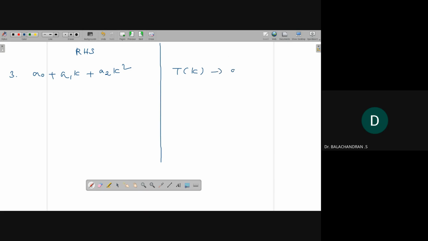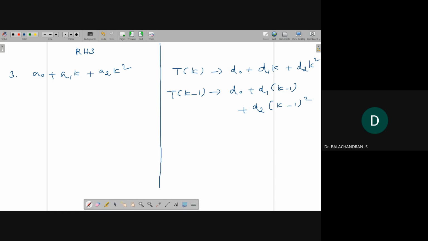I'll use other constants: d naught plus d1 k plus d2 k square. For t of k minus 1, replace k by k minus 1: d naught plus d1 into (k minus 1) plus d2 into (k minus 1) whole square. And one more, I'll write t of k minus 2.